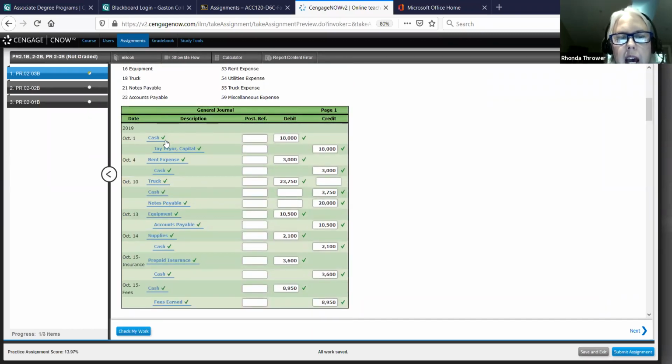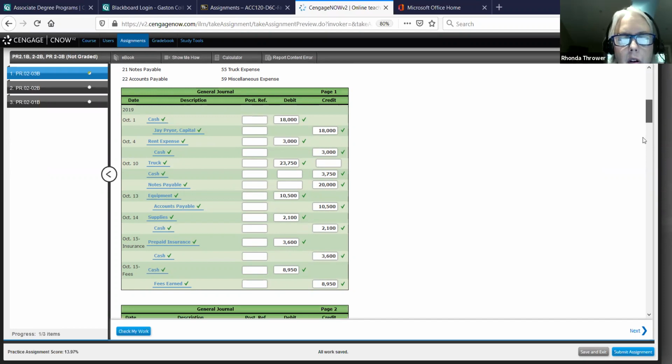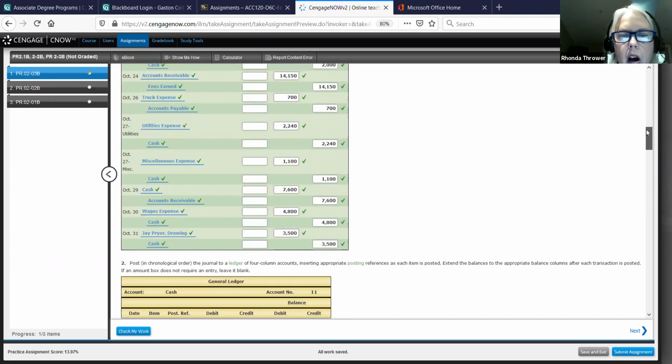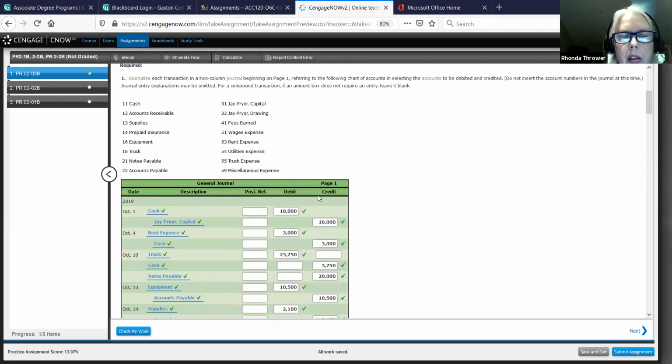So this cash came from page number 1. So in my ledger, where it says post reference, I'm going to put a 1 here, because the cash was debited in this transaction on October the 1st.